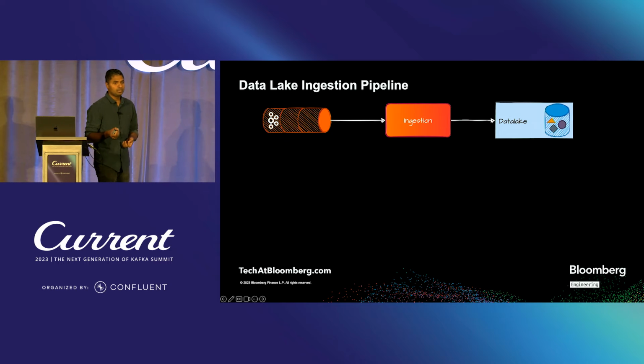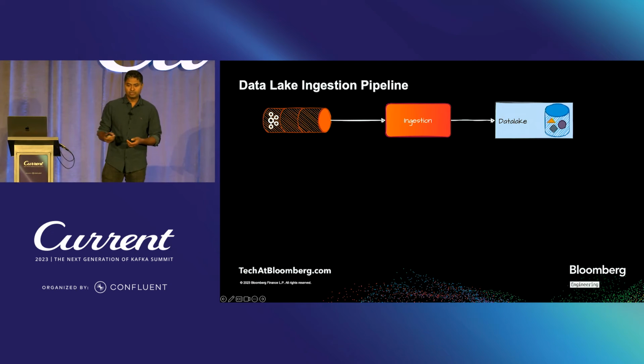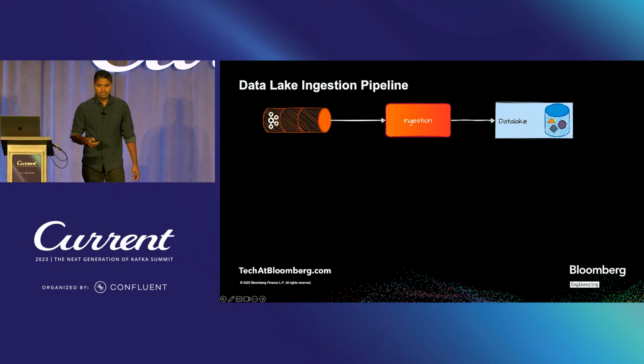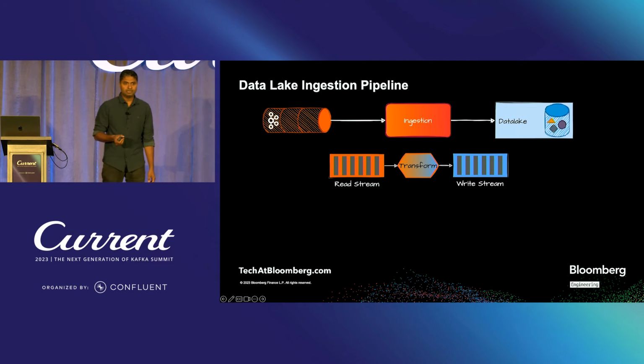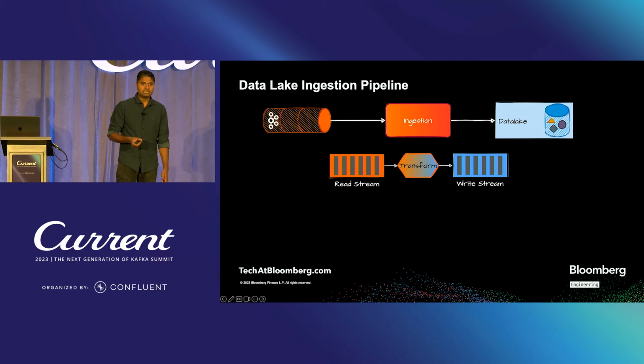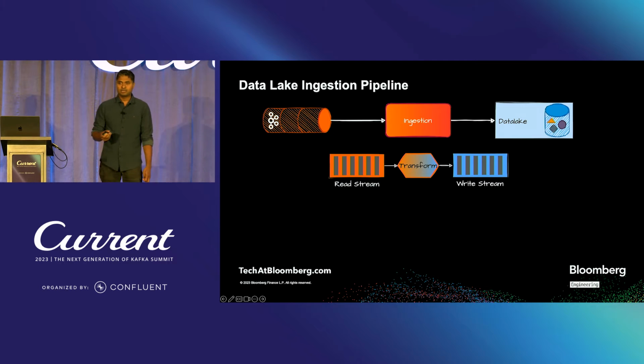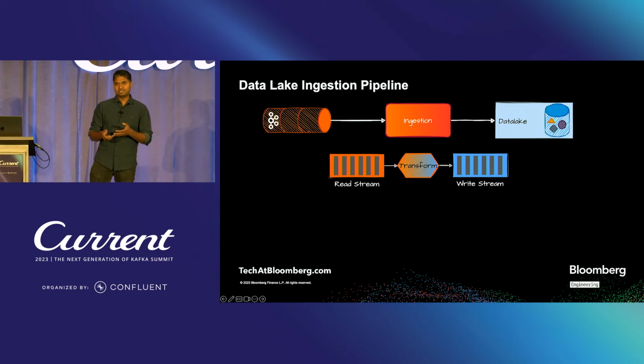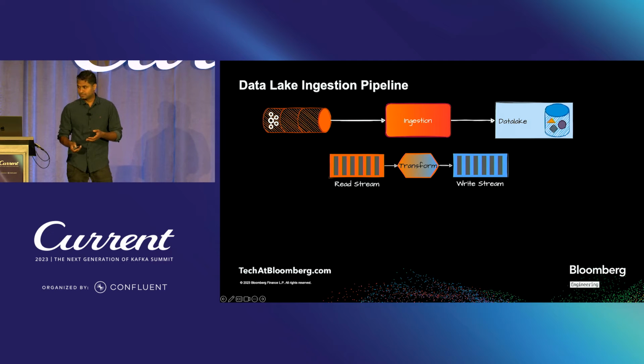As you have seen before, this is the data pipeline that I'll be looking into for the rest of the talk. And this has three main components: a read stream that reads messages from the Kafka topic, a transformer that transforms them into Iceberg table records, and a write stream that writes them as files in object storage systems.